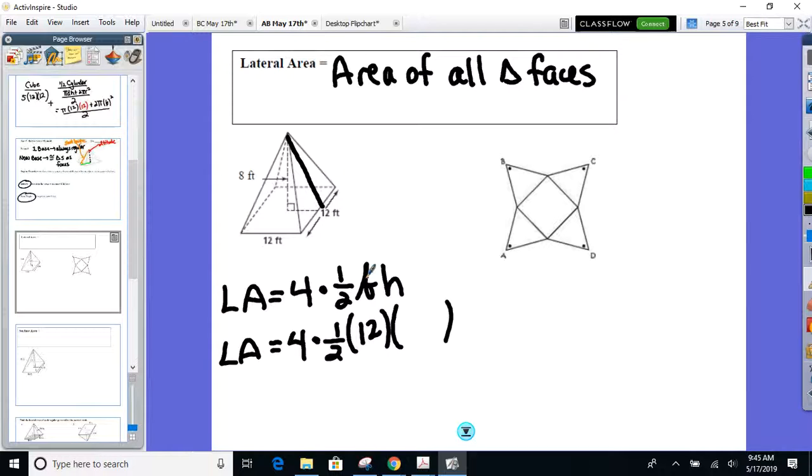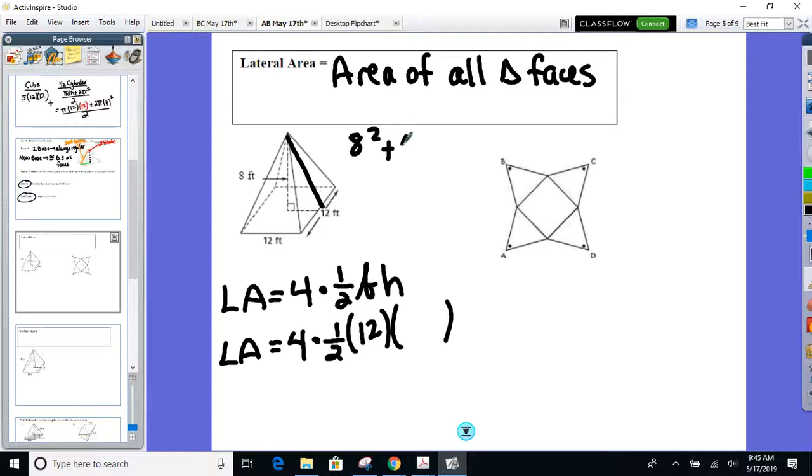Ooh, ready? Well, you know it's 8 squared, right? Plus, you bet, hopefully we're not plugging in 12 squared. Anybody know how we're going to find this part here? It's going to be pretty easy. I'm just going to take half the base. Half the base length.